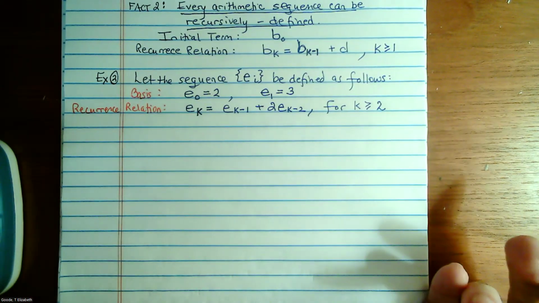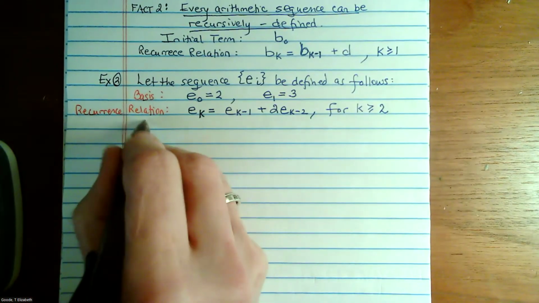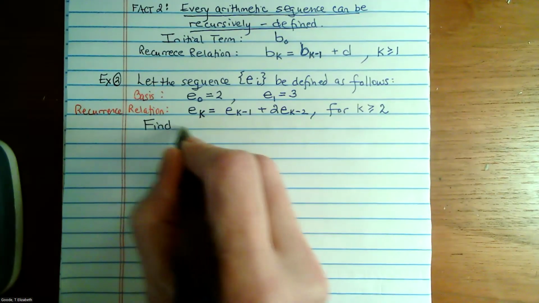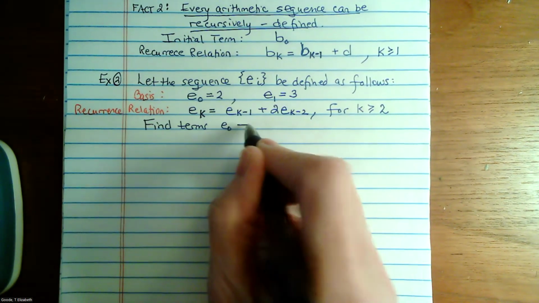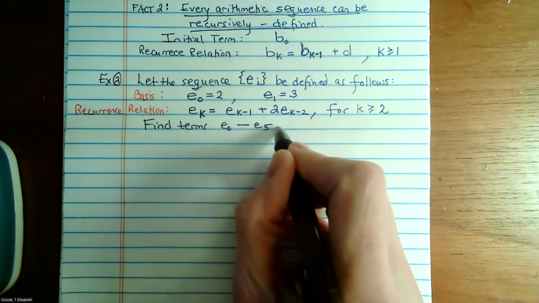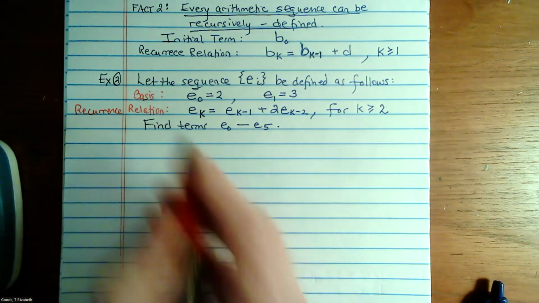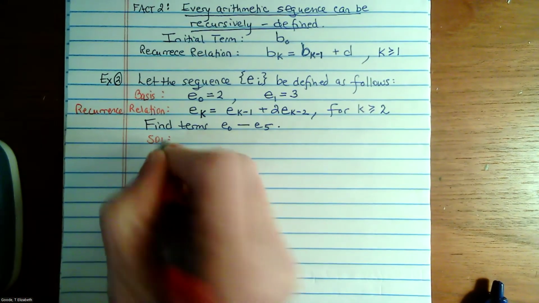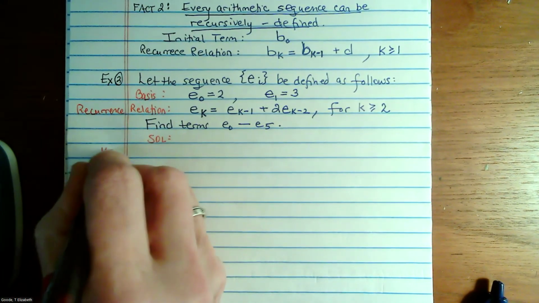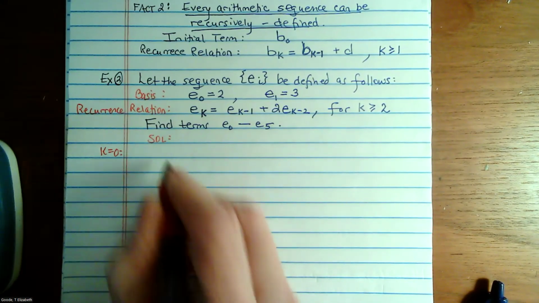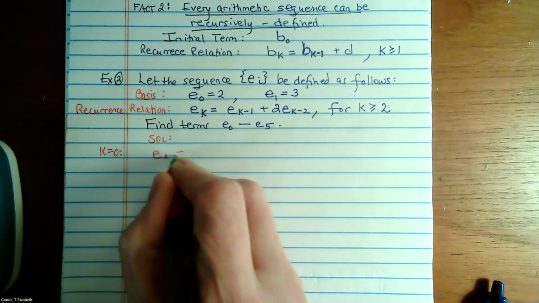So, I mean, what's a reasonable question here? Find the terms, let's say E naught through E5. Okay, so let's do that. Well, E naught is given to us, right? So when k is 0, we're told E sub 0 is 2.